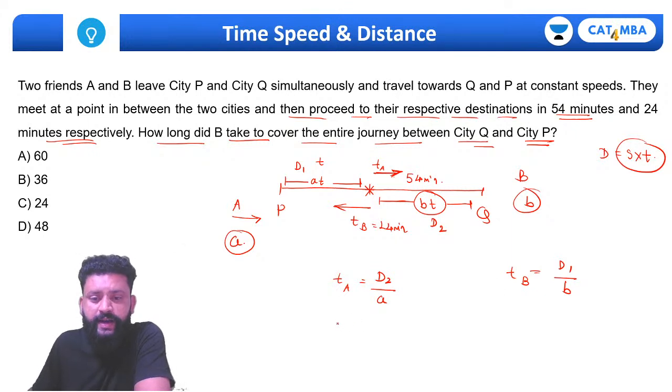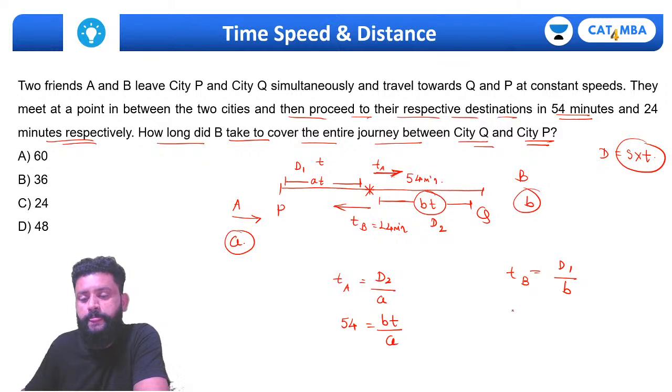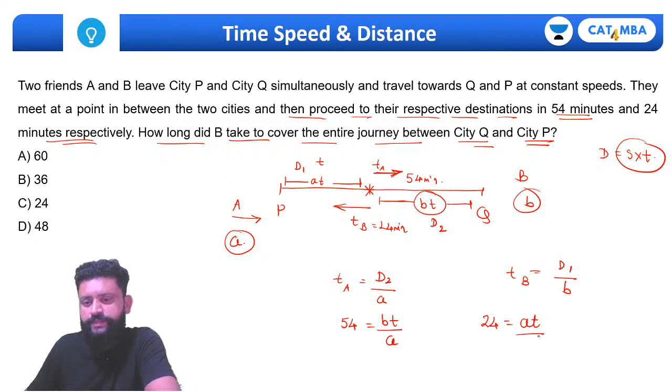So if you solve this, the time required for A to travel the remaining distance after they meet each other is 54 minutes, and d2 is B into t upon A. And here we'll be getting 24 minutes as d1 is A into t upon B. Right, so these are the two equations we are getting here.